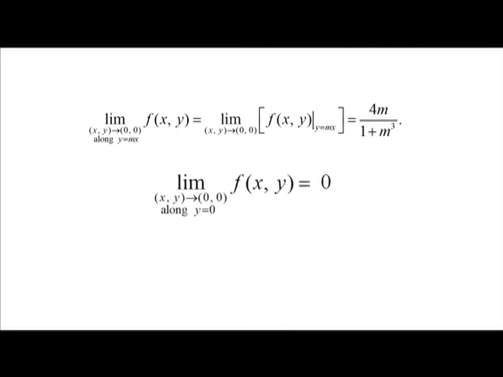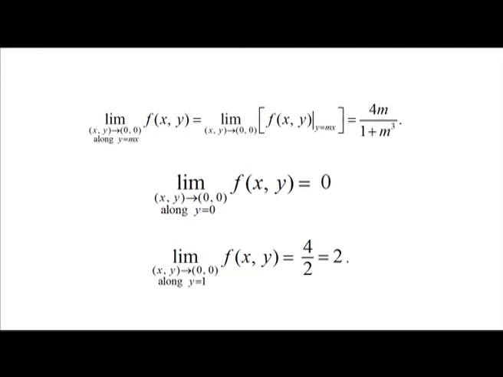We have the limit as (x, y) approaches (0, 0) along y = 0 of f(x, y) is equal to 0. But if m = 1, then the line is y = x, and the limit as (x, y) approaches (0, 0) along y = x of f(x, y) is equal to 4/2 = 2.